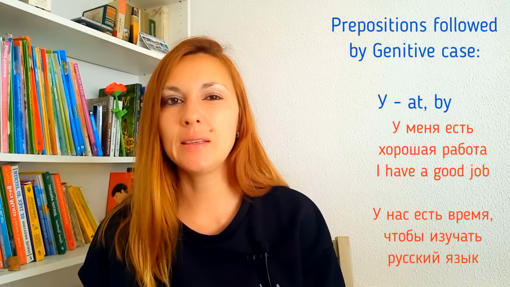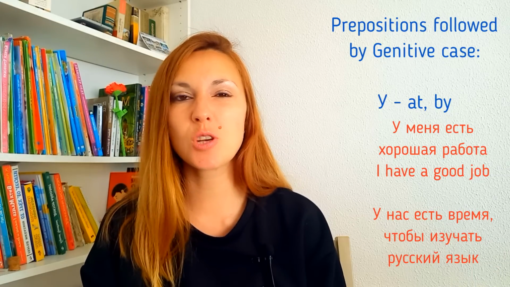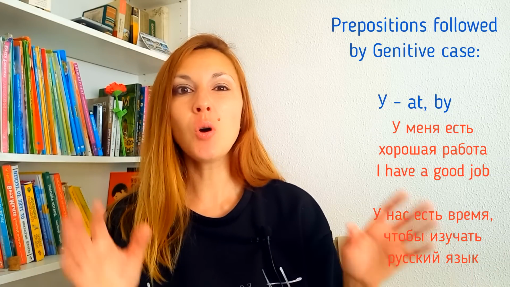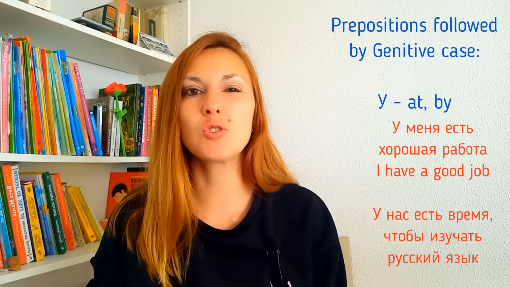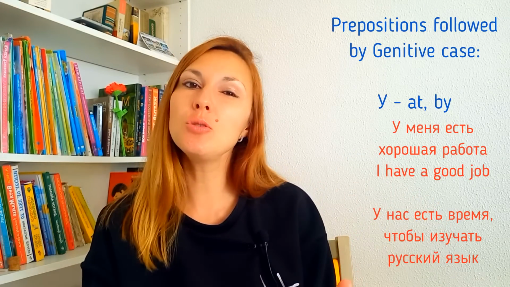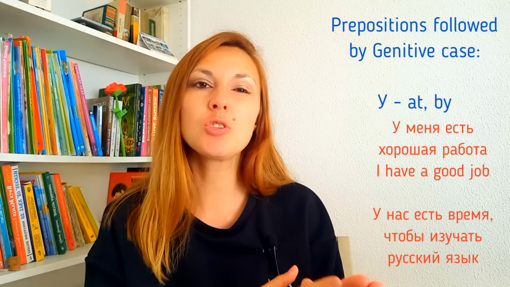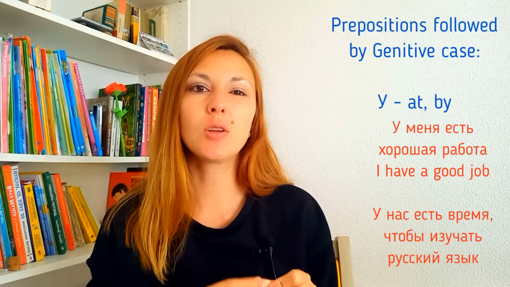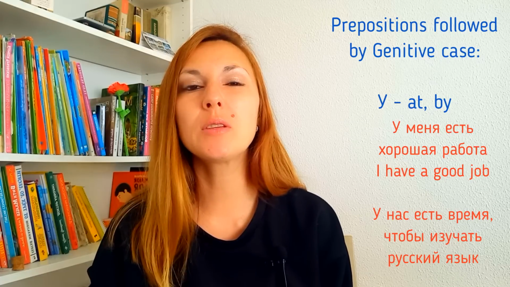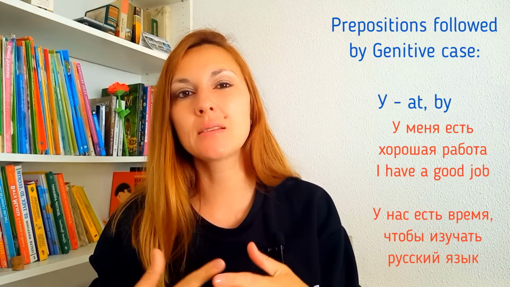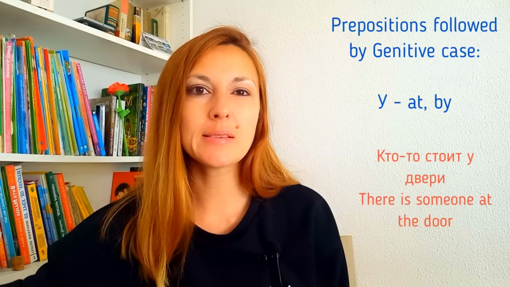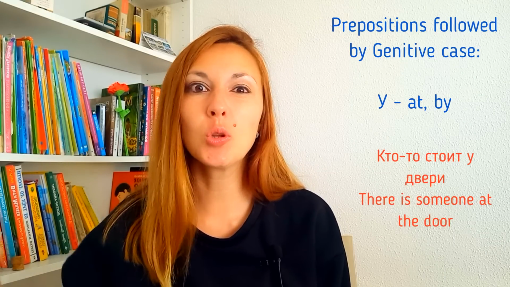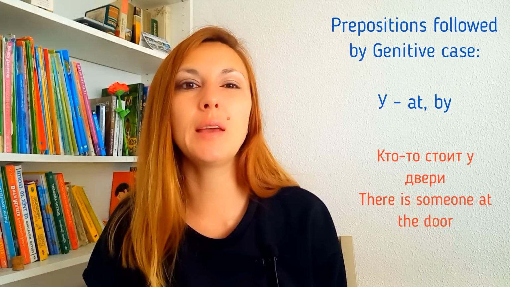У нас есть время, чтобы изучать русский язык. So obviously you have heard the preposition у and you know how to use it, but I want just to draw your attention that у can also be translated as at. For example, if a person is at the door, we can say кто-то стоит у двери.